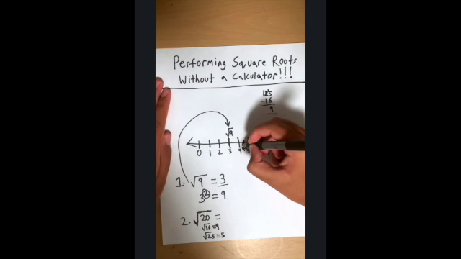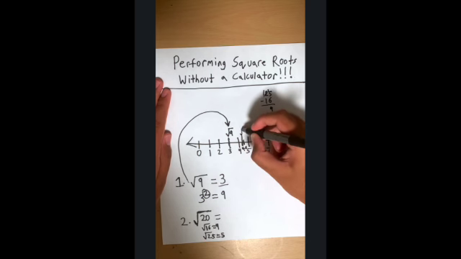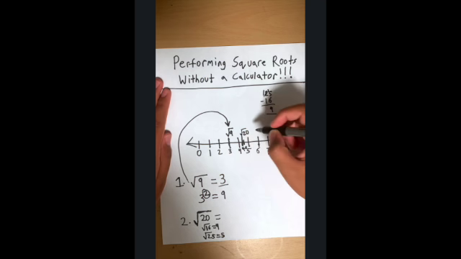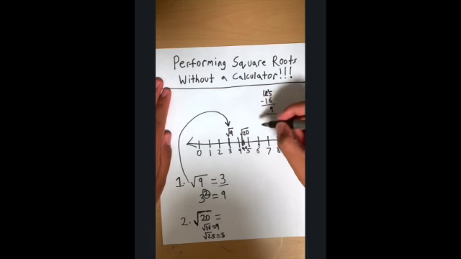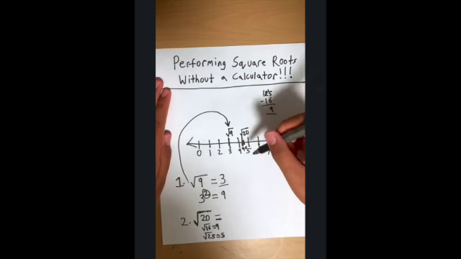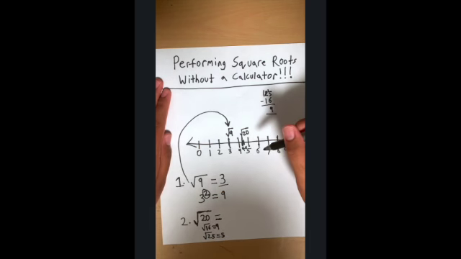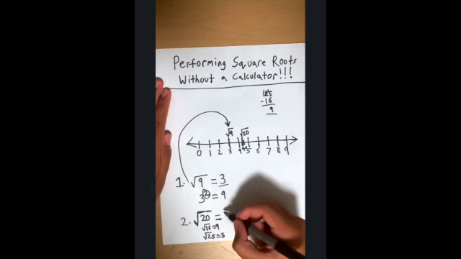So I'm gonna put the square root of 20 right here. And in decimal form it is around 4.4.